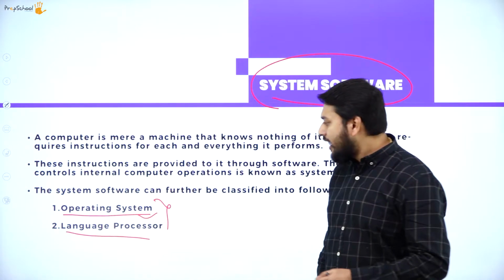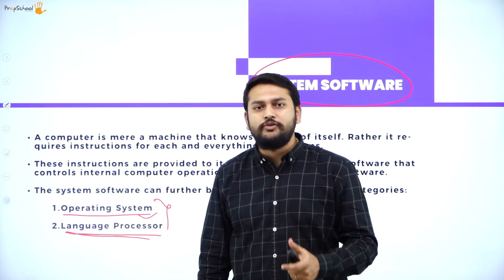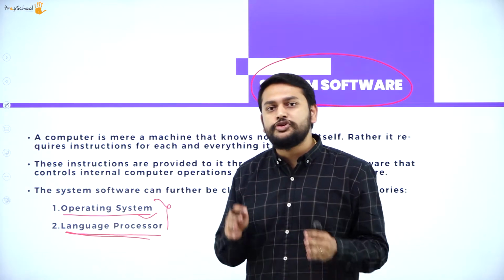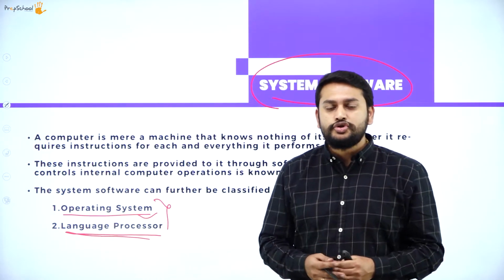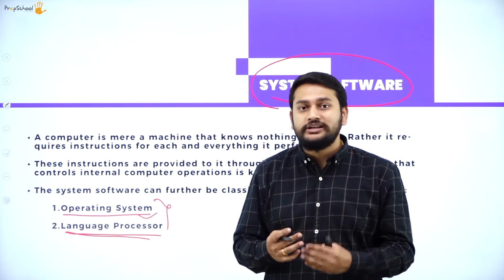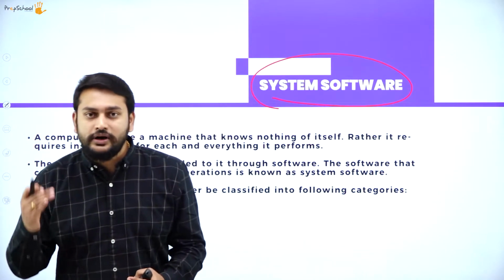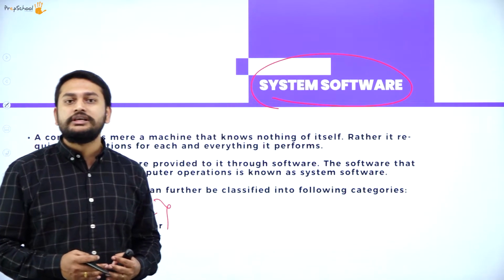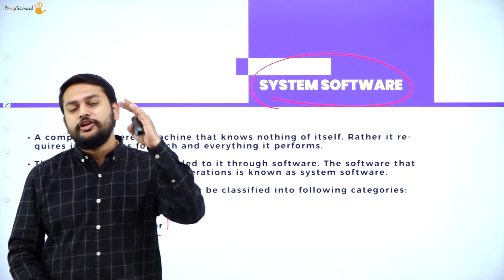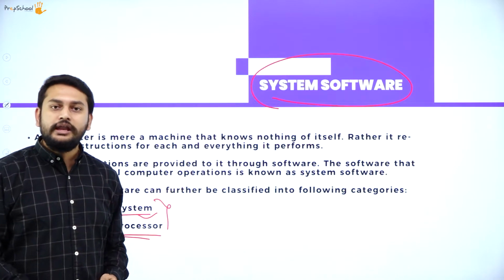In the same way, I have one more software called the language processor. What is a language processor? I will be interacting with the system in a different language, but the system will not understand my language. So I need somebody to translate whatever I am saying, and that is what I call a language processor. I have different types of language processors, which I will discuss in detail.